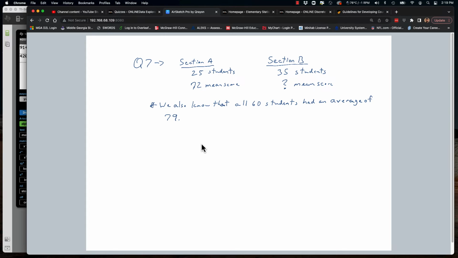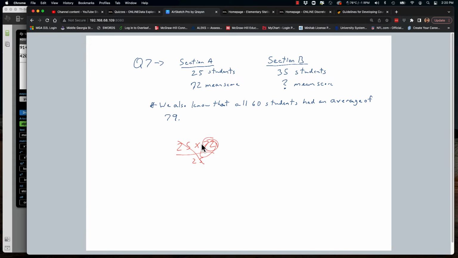In other words, if you take the number of students in the class times the mean score and divide by the number of students, then those cancel out. You still end up with 72. So that's the trick we want to use when we think about this overall.